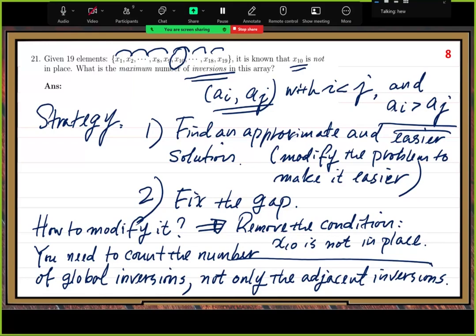Then for the maximum number of inversions, you need to imagine for what input you get the maximum number of inversions. An array like this, in descending order.